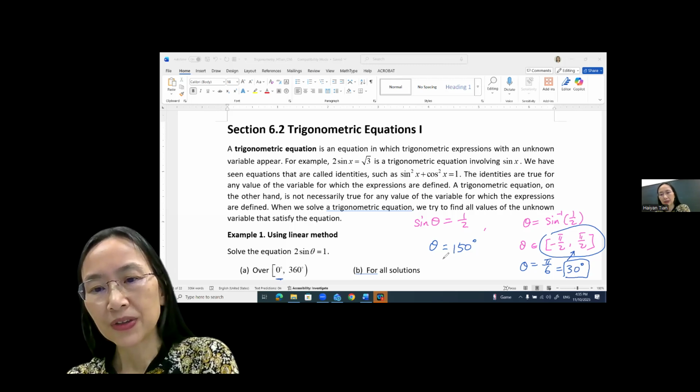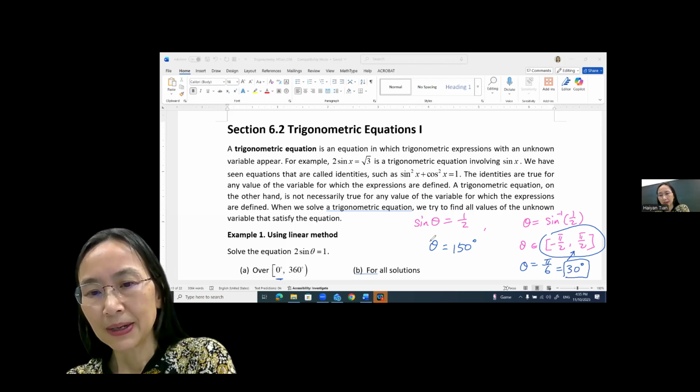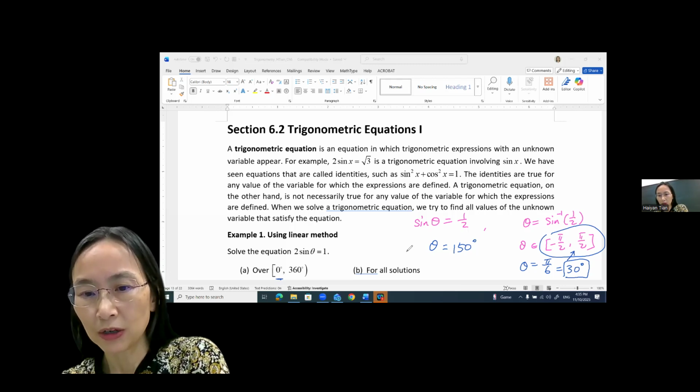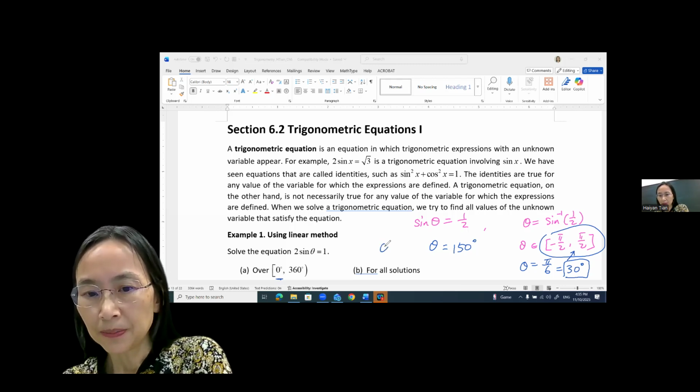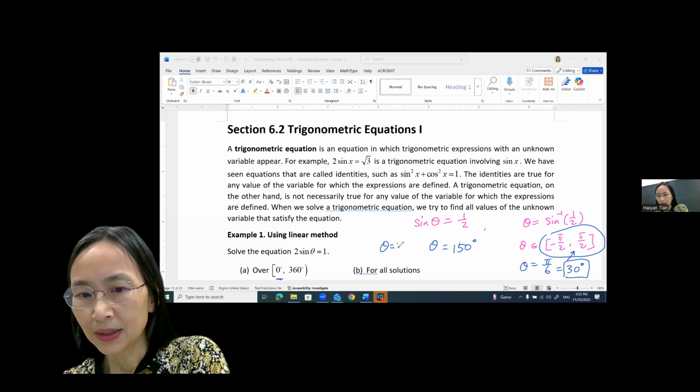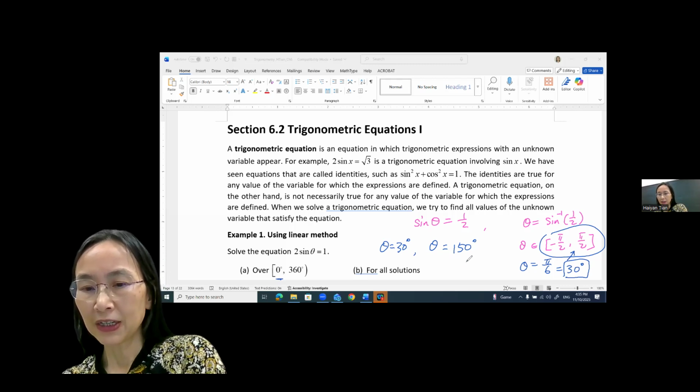So this 150 degree theta has a sine value of half as well. So now we have found 30 degrees and 150 degrees.